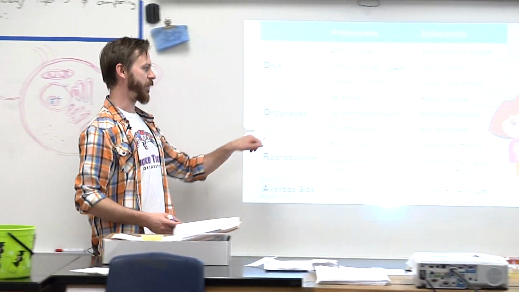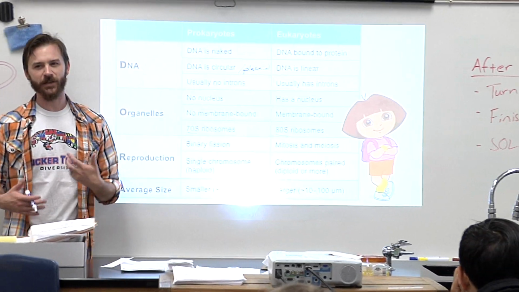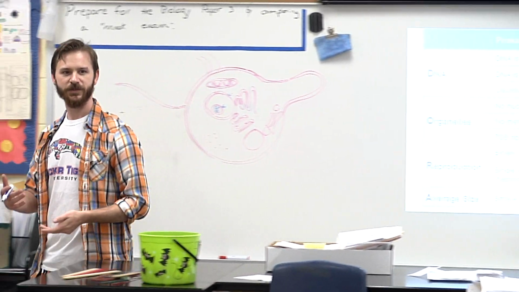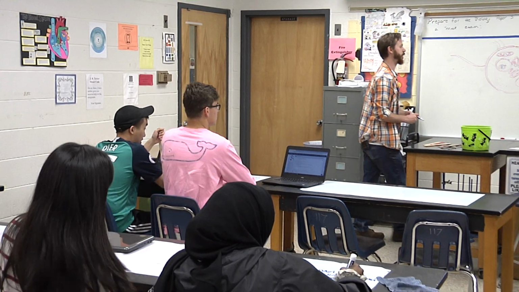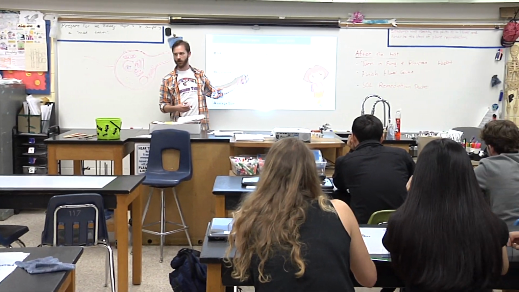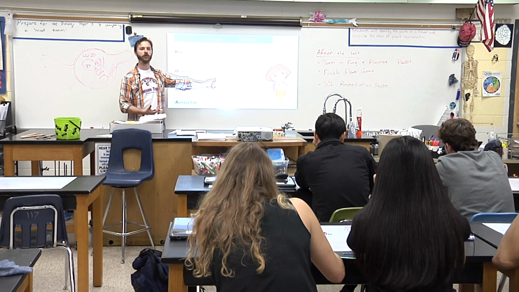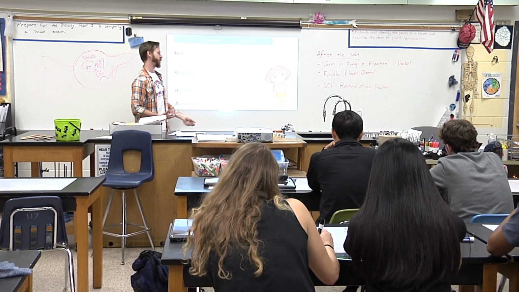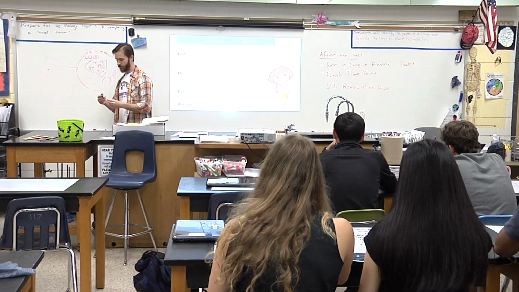When I say 70S versus 80S, what is that really referring to? Yeah, basically the size, the molecular weight. So you don't need to necessarily even know what the S is standing for, other than the fact it's a unit of measurement associated with mass and size. All right. So prokaryotes, a way to remember this is they are smaller, simplistic cells, so they would have these smaller weights. 70S ribosomes, 80S ribosomes for the eukaryote.